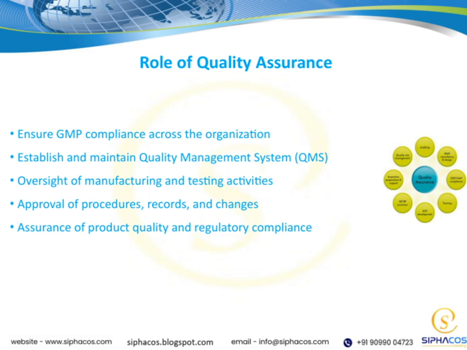Finally, QA is responsible for providing assurance of product quality and regulatory compliance. This overarching goal ensures that our products are safe, effective, and meet all necessary standards. Together, these elements form the backbone of our quality assurance efforts, helping us deliver reliable and compliant products to our customers and uphold our company's reputation.